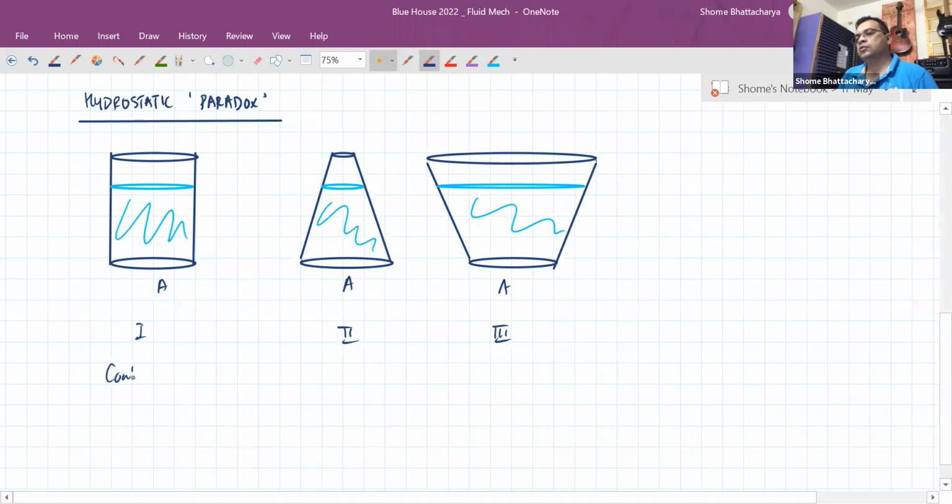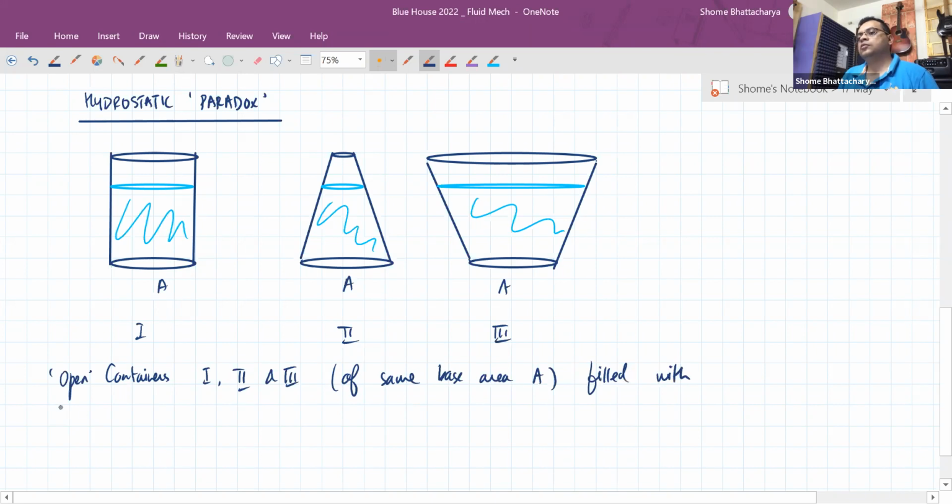So open containers 1, 2, and 3 of the same base area, filled with the same ideal fluid up to a common height h.